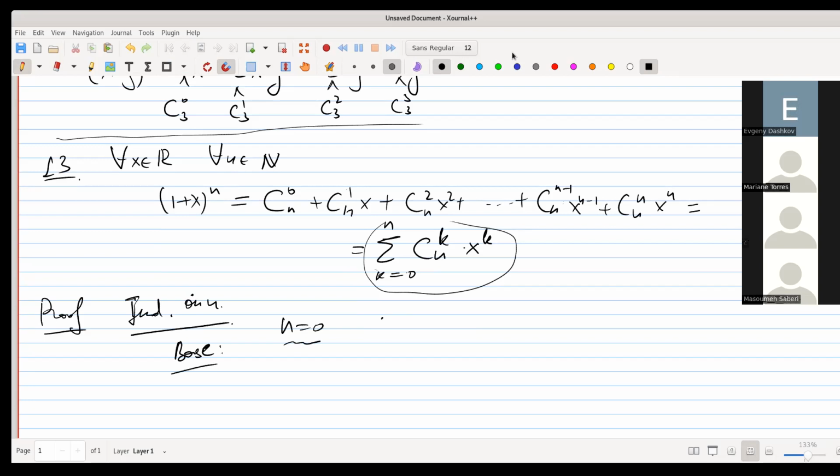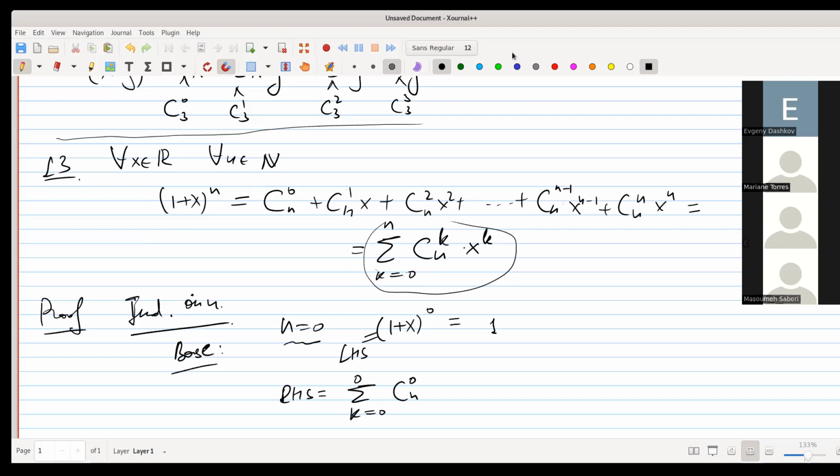What do we have? (1 plus x) to the power 0. What is that? Any number to the power 0 is 1, exactly. So this is our left-hand side. What about the right-hand side? The right-hand side must equal this sum.